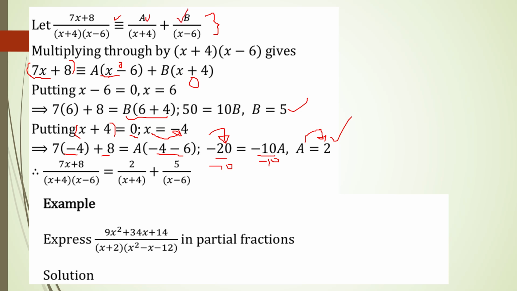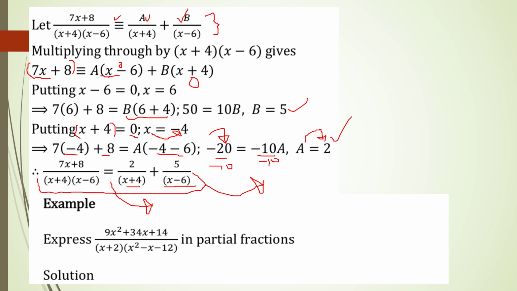After getting those values, we come back and make a conclusion, but this time round we use an equal sign simply because the values of a and b are now known. So it's going to be 2 divided by x plus 4, then plus 5 divided by x minus 6. And that's how we partialize single fractions into their respective unit fractions.